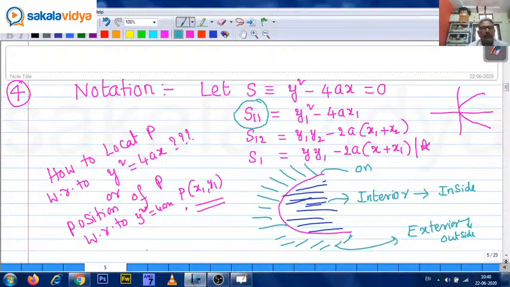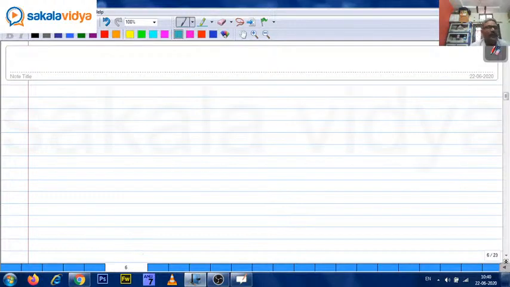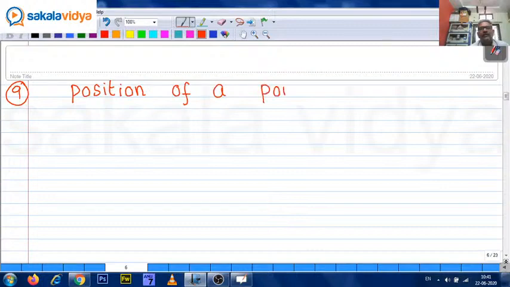So you can write like this: the position of a point with respect to the parabola S is equal to 0.